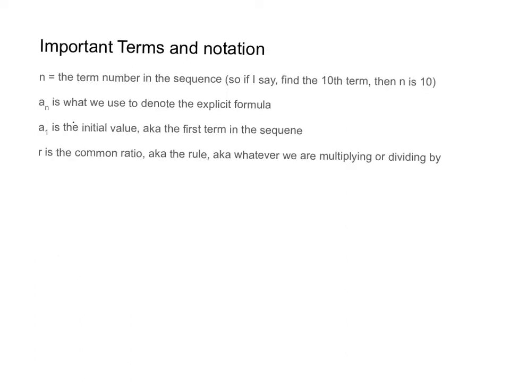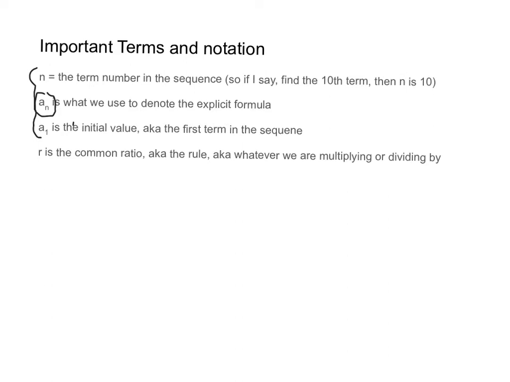All right, so some important terms and notation. Some of this is going to look very familiar. These top three are the exact same thing as with arithmetic sequences. n is our term number. If I say find the 10th term, then we plug in 10 for n in the formula that we're going to find. When we say a sub n, that's just how we define the sequence or the formula for it. So if I want to find the 10th term, we'd say a sub 10.